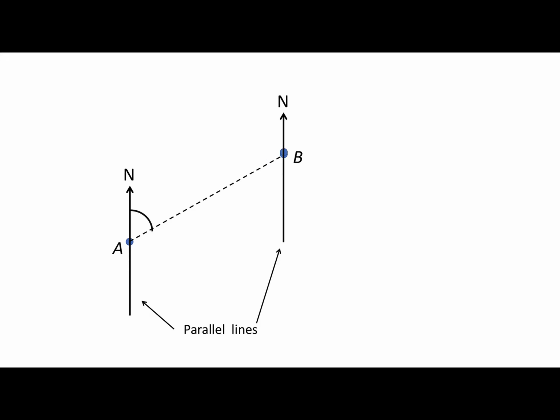Now this and this are not the same, but they add up to give you 180 degrees. These are interior angles. The same goes for this and this. They add up to give you 180 degrees. These are interior angles, simply because the two north lines are parallel. There must be parallel lines present if you want to use alternate, interior or corresponding angles. If the lines are not parallel, you cannot use them.